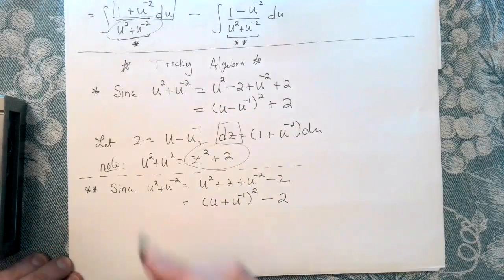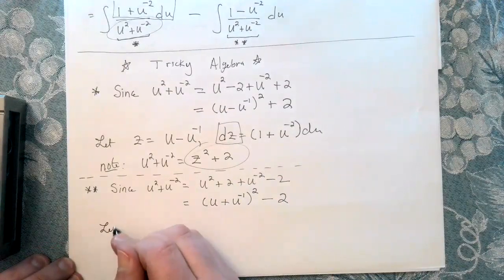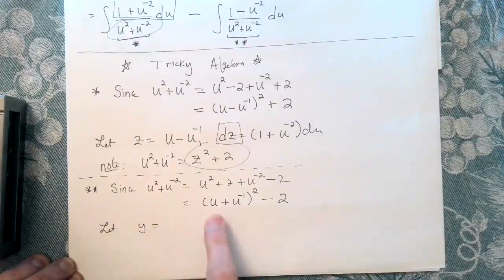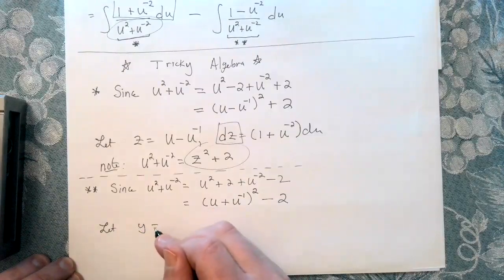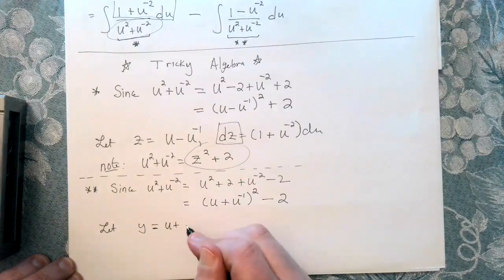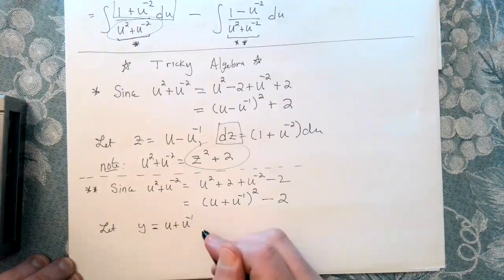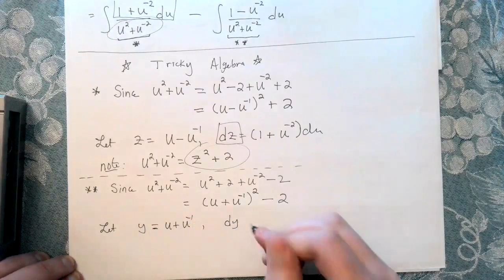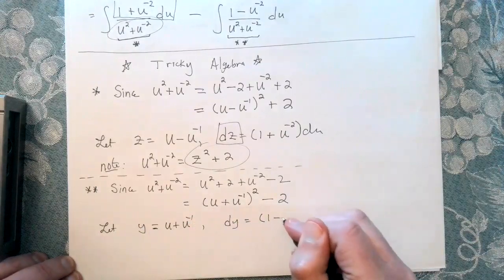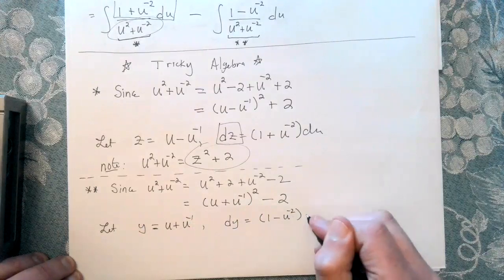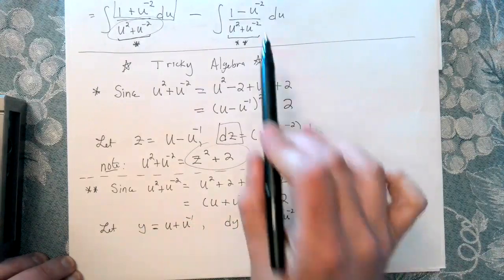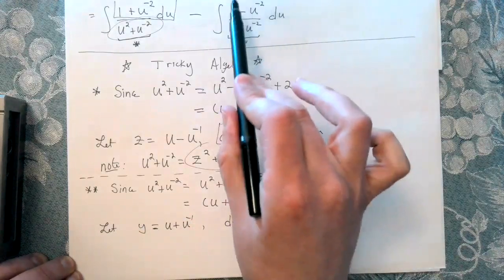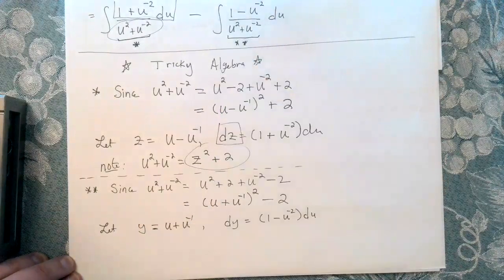Okay, so how about y? So let y equal this, and we're going to get confirmation that that's a good choice for substitution variable when we take the derivative, because dy, well, what is dy? dy is exactly 1 minus u to the minus 2 du. So that confirms my choice of y.